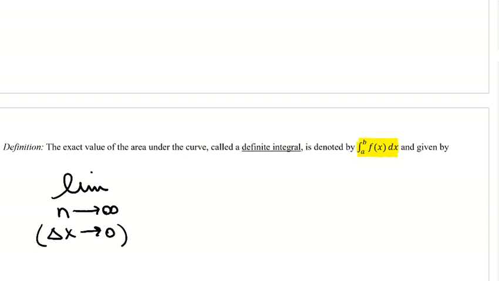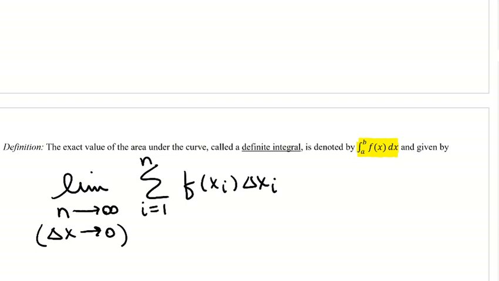It's the limit of the Riemann sum. So it's the limit as n goes to infinity of the sum, where i runs from the first rectangle up to the nth rectangle, of f of x sub i multiplied by delta x.